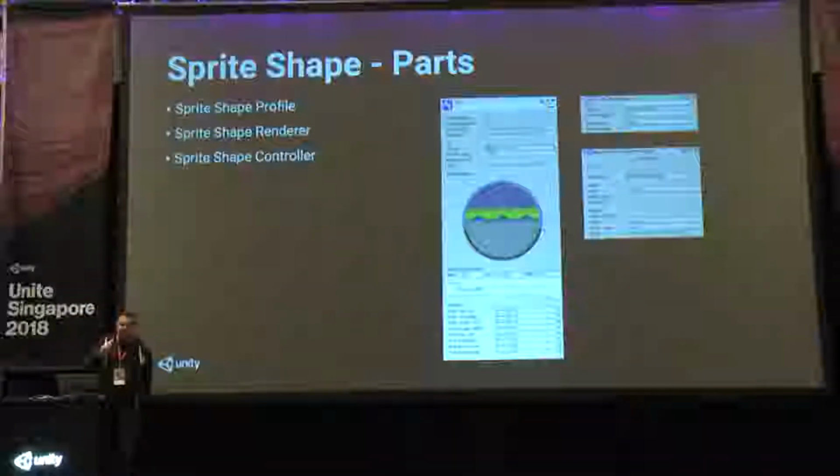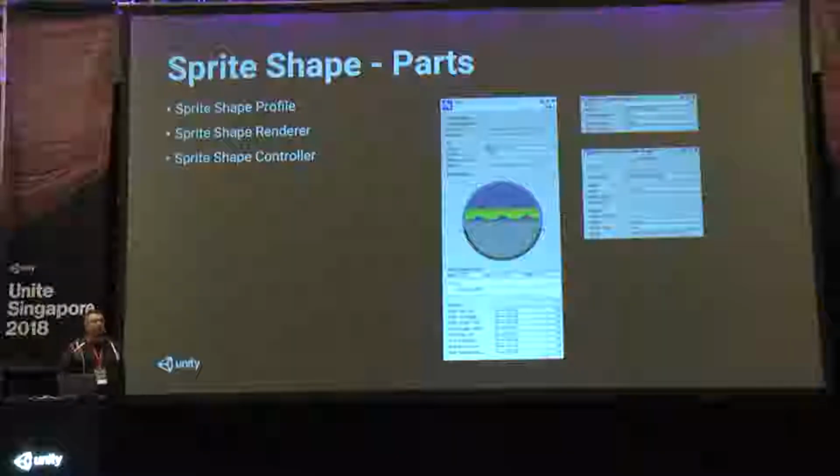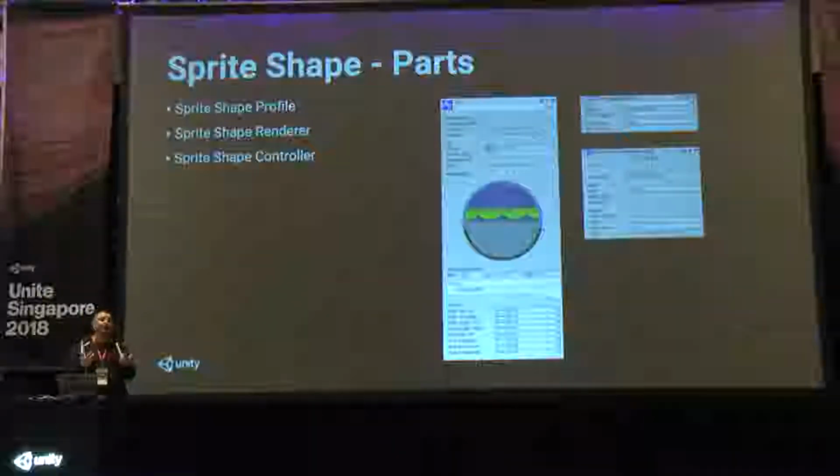Okay, so let's dig in a little bit into the different parts of SpriteShape, and then we'll spend a lot of time in demos looking at how SpriteShape is used and what the different options are and what you can play with. At the heart of it is this idea of the SpriteShape profile, where you define essentially a set of angle ranges.